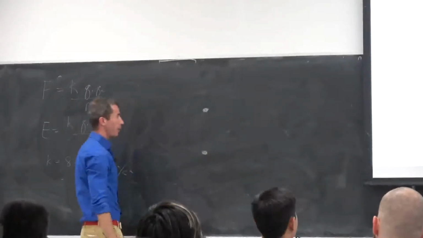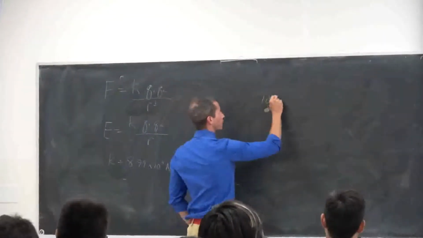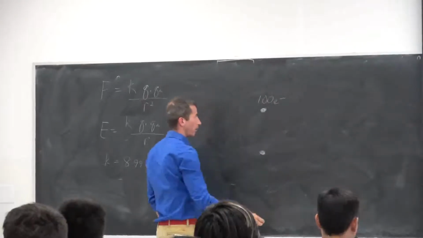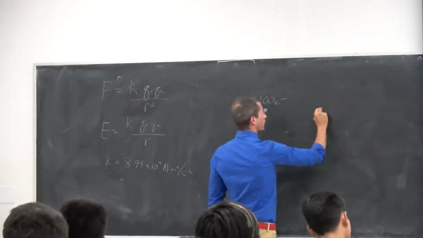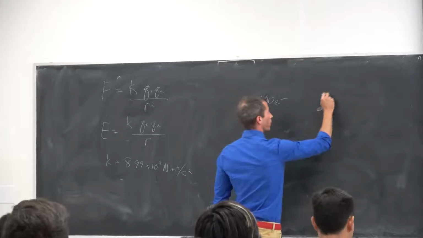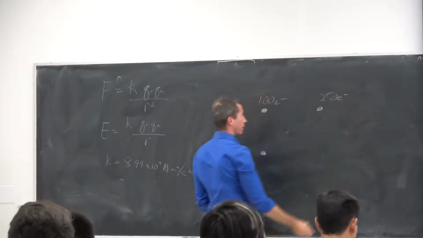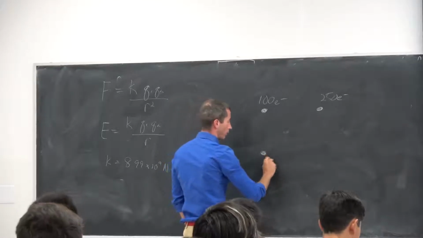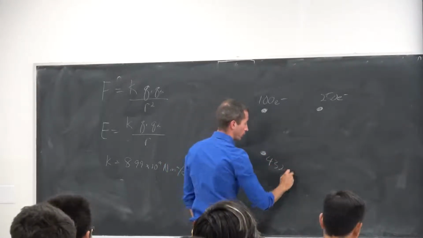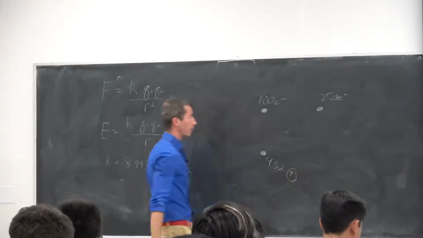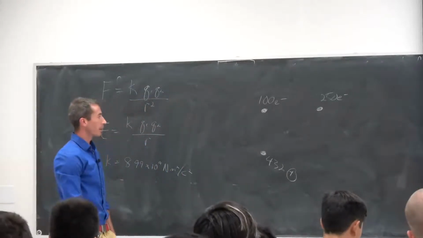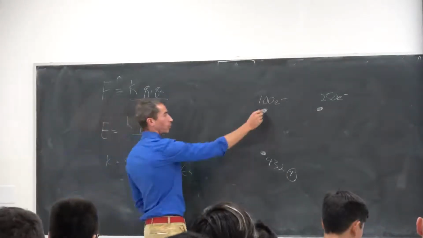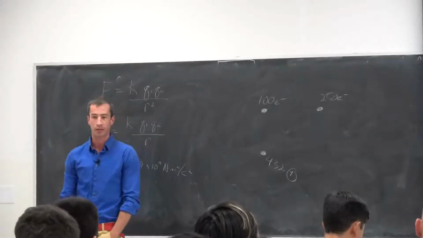Say I told you that you had 100 electrons here and 250 electrons here and, I don't know, 432 protons here, and I said, calculate what this would do right here.